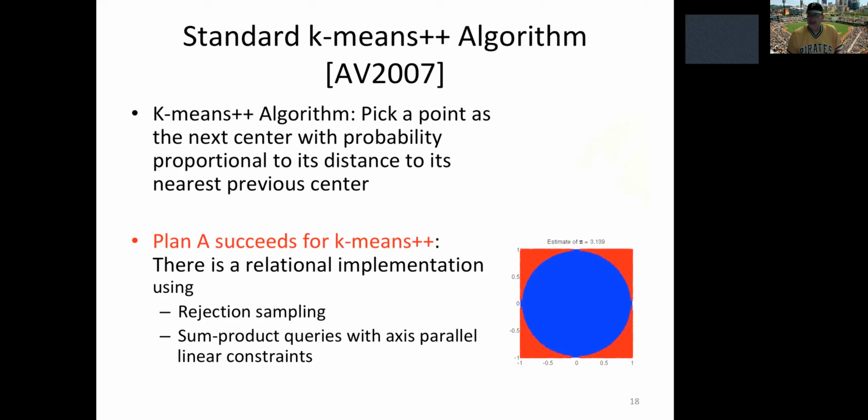Okay. So we show in our paper that plan A succeeds for k-means++, that we give a relational algorithm that exactly implements this k-means++ algorithm and has the same output distribution as the k-means++ algorithm. All right. And this is based on two algorithmic techniques. One is rejection sampling, and one is sum-product queries with axis-parallel linear constraints.